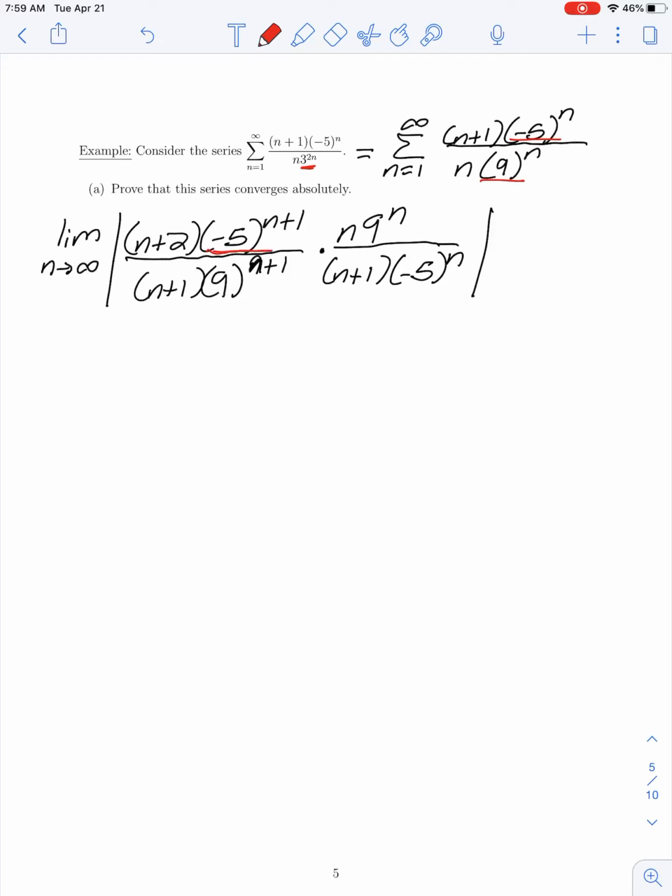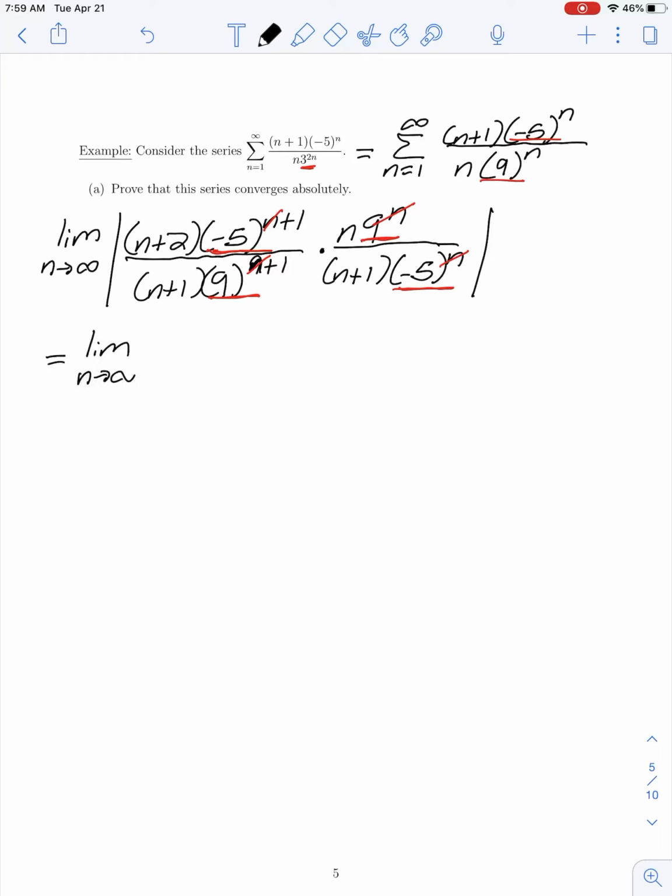So we have (negative 5) to the n plus 1 divided by (negative 5) to the nth. So canceling n powers, we're left with (negative 5) to the first as our numerator. We have the constant 9 to the nth over 9 to the n plus 1. So canceling n factors of 9, we're left with 9 to the first in our denominator. And then all of the other terms are polynomials in terms of n, which don't simplify directly.